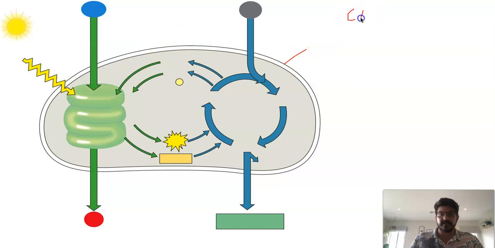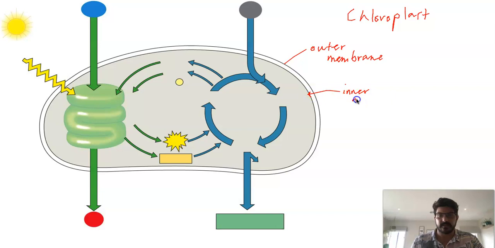sorry, I'll write it up here. Chloroplast. Perfect. This is our outer membrane. Our inner membrane. That line there. But most importantly, this is our granum.